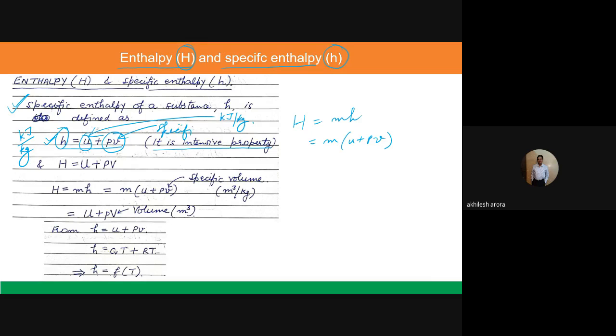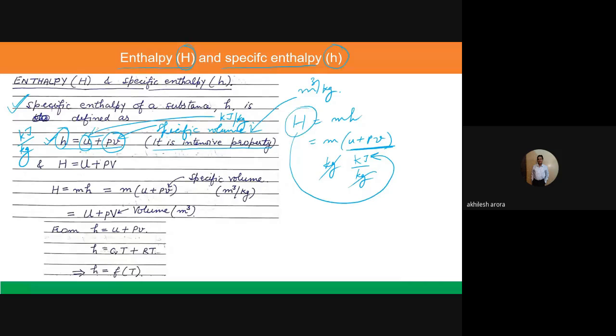Mind it, it is specific volume, and the unit of specific volume is meter cube per kg. So when we multiply small h, which has the units kilojoules per kg, by the mass, which has the unit kg, kg and kg cancel out, and the unit of enthalpy comes out to be kilojoules.